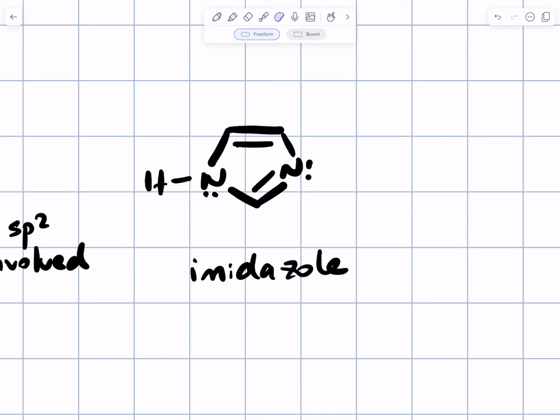So, what do you think? We're cyclic, fully conjugated, both nitrogens are sp2 hybridized. How many pi electrons do we have? 6 or 4 or 8? 6 is the right answer.